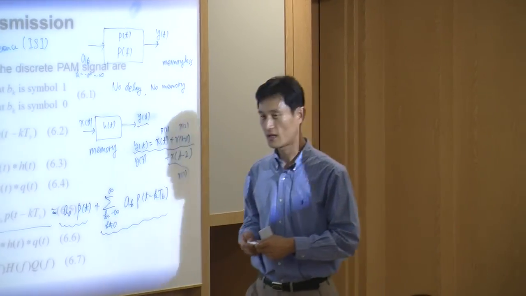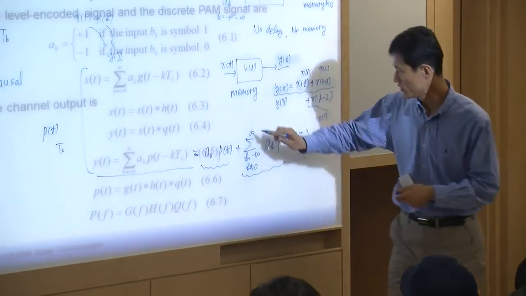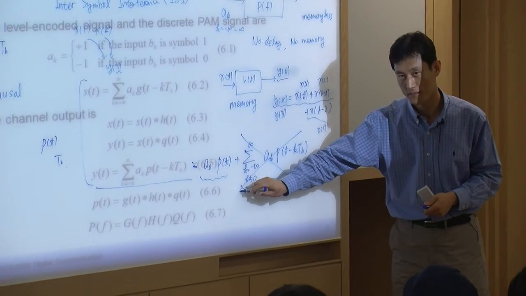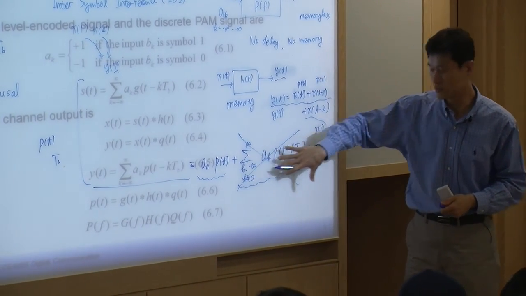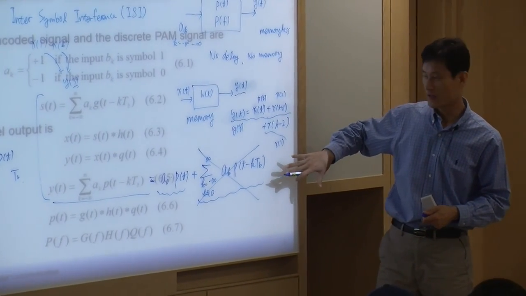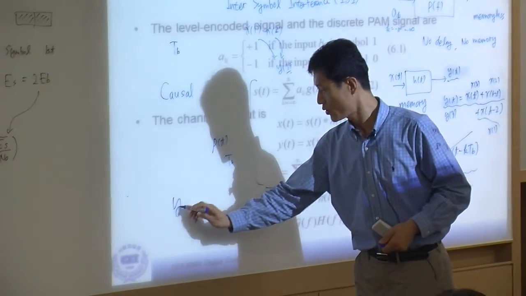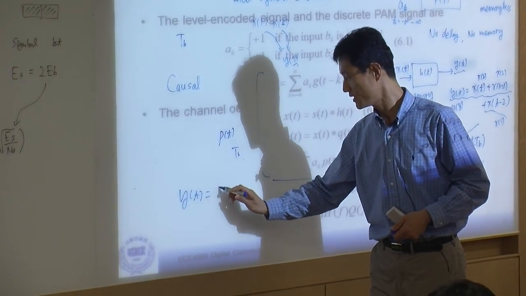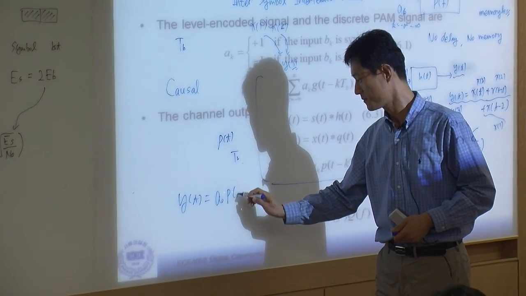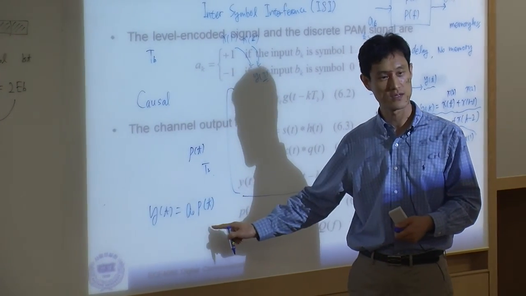Think about it this way. If we can completely remove these terms, then what remains is only y(t) simply equals A0 p(t). That's what we have, right?